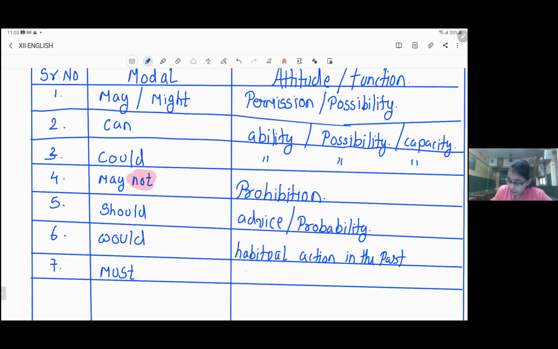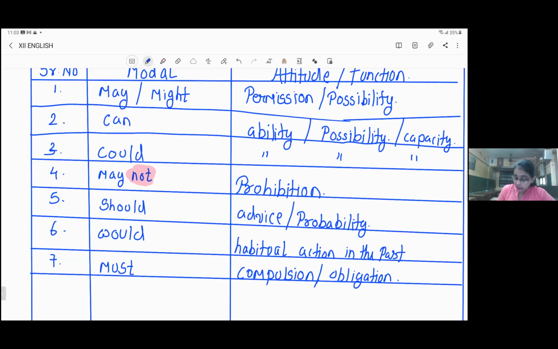You can write the function compulsion. Or you can write obligation. Right?